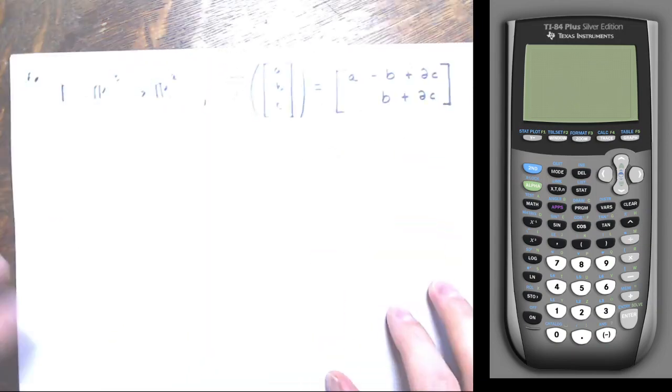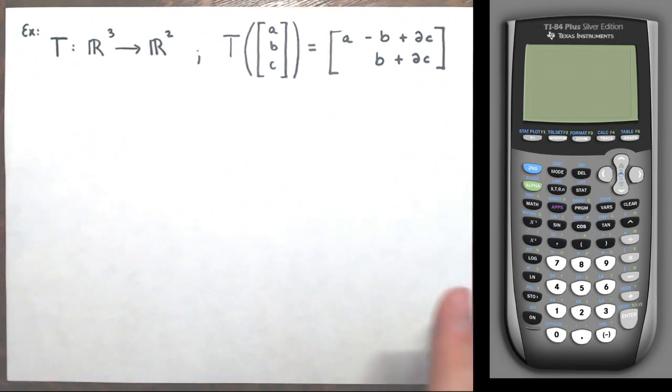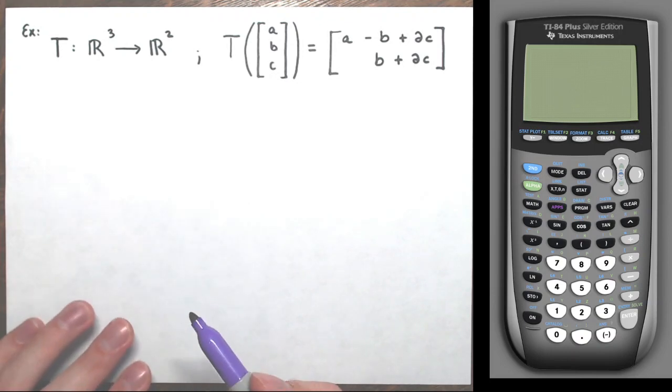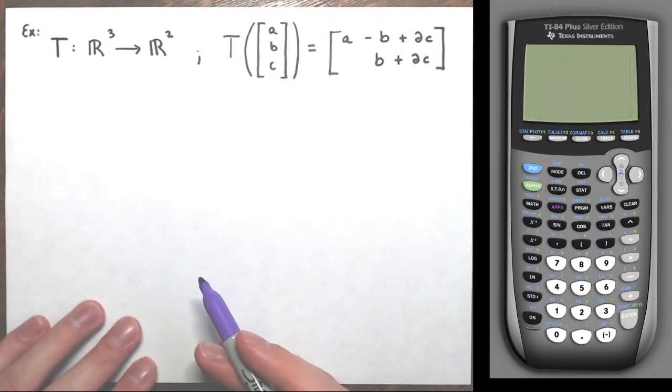All right, so I've already told you, we're told that this is a linear transformation, so I do not need to check for additivity and homogeneity. Now, if it's linear, like I said before, you should be able to express or represent the output as a matrix multiplied by the input vector.